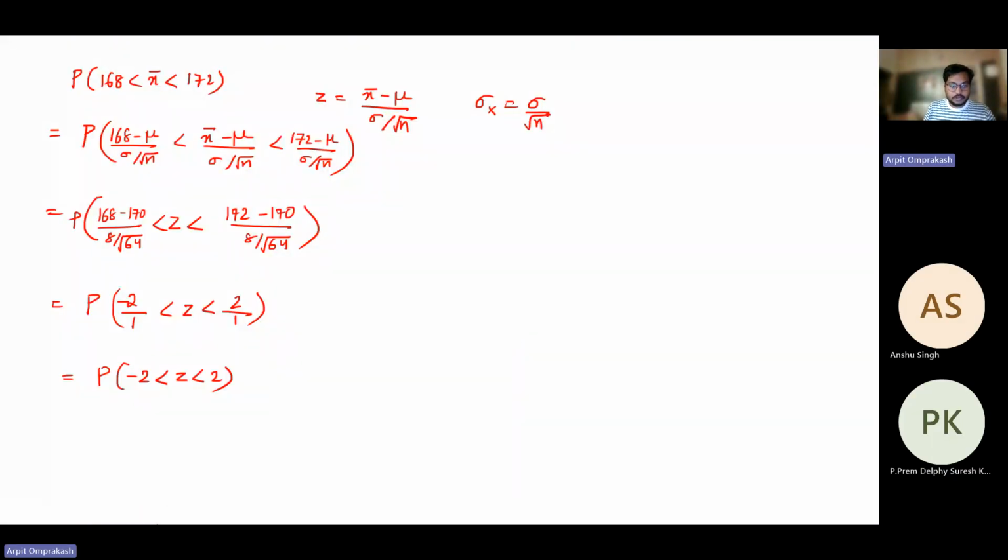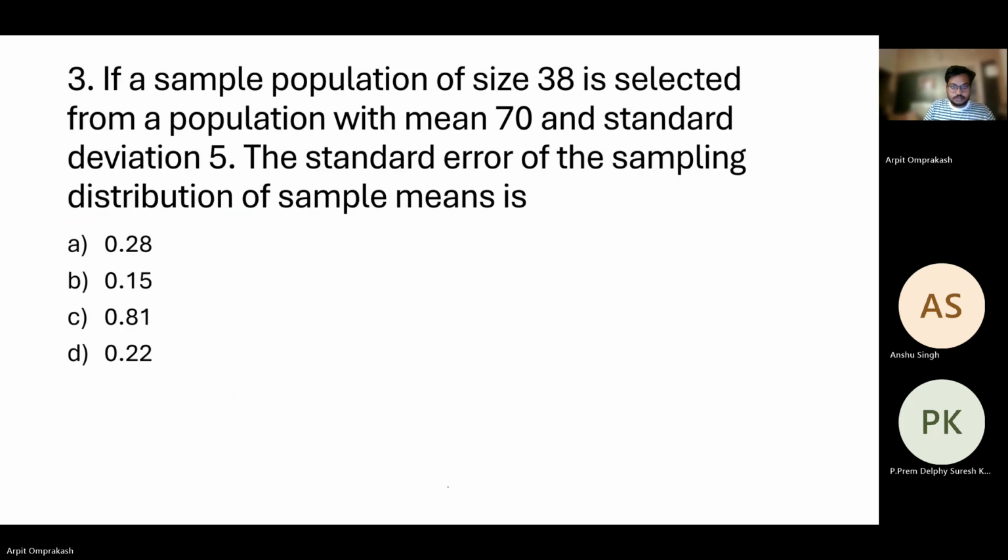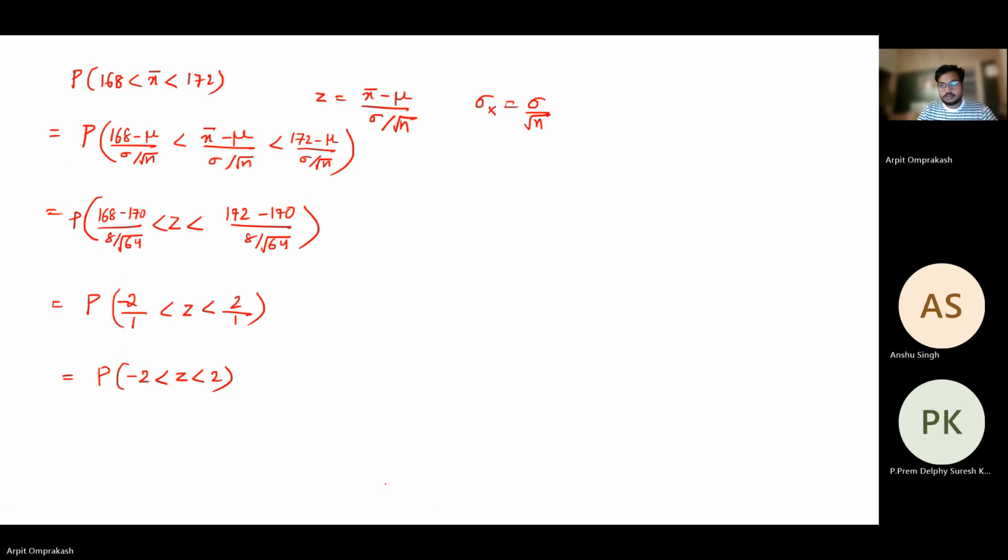So what we get when we do that is, this is basically that Z lies between -2 and 2.